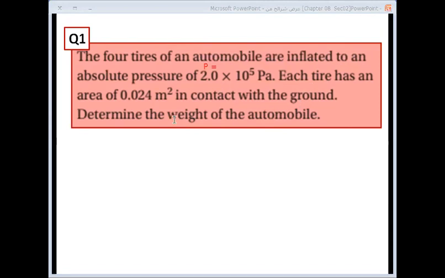Each tire has an area of 0.24 meters squared. So now the automobile is moving on how many tires? 4. Each has 0.024 meters squared. So what is the area?